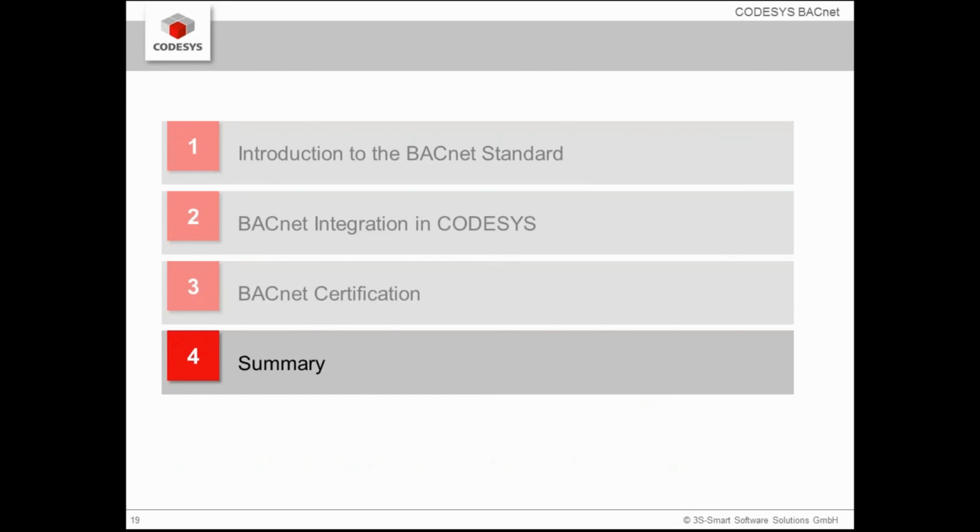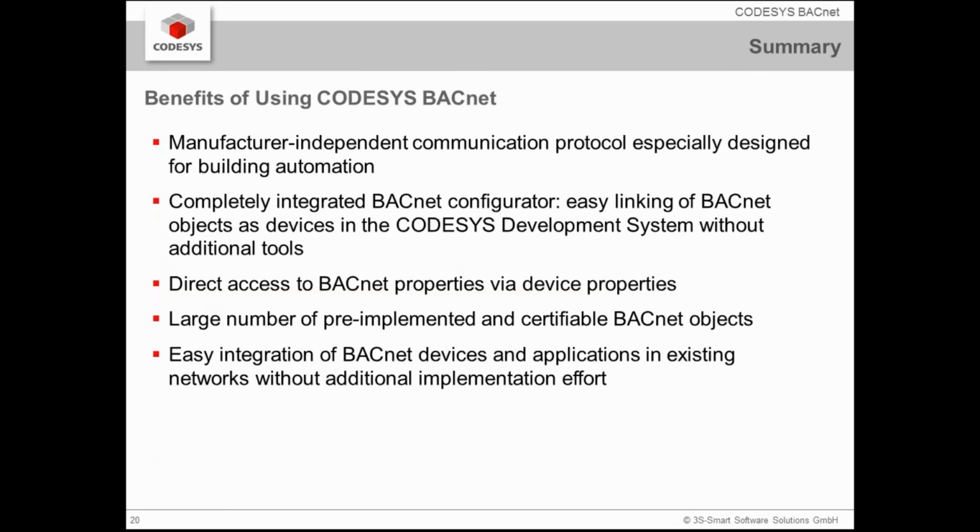So let's sum up. What are the benefits of using the CODESYS BACnet integration? Of course, BACnet in general is a manufacturer-independent communication protocol, especially designed for building automation, and really fits well to the manufacturer-independent automation software CODESYS. With CODESYS BACnet, you get a completely integrated BACnet configurator, so it's possible to easily link BACnet objects as devices in the CODESYS development system without additional tools.